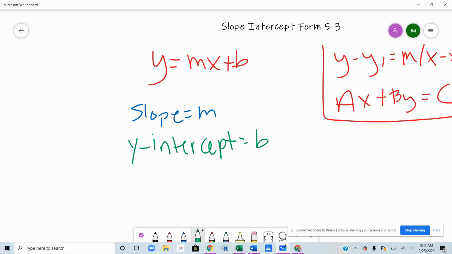So if you have an equation, you can say what your slope is based on what m is, and your y-intercept based on what b is, and you can use those to help you graph. You also could go in reverse. I could give you a graph, and you should be able to find where your y-intercept is and what your slope is by counting your rise over your run and filling those numbers in.